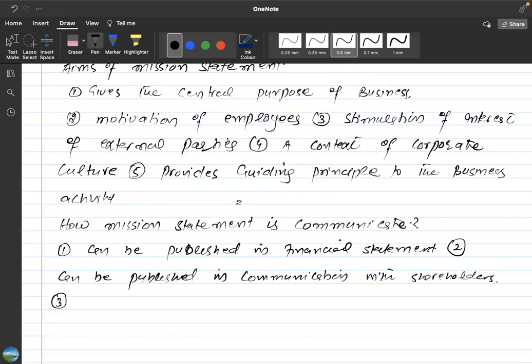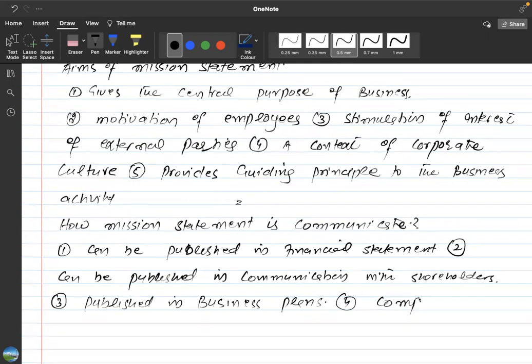Moving forward, it can be published in business plans. Plans are written documents, we know that already. It can be published there, so everybody can read that. Mission statements can also be published on companies' websites and social media pages.